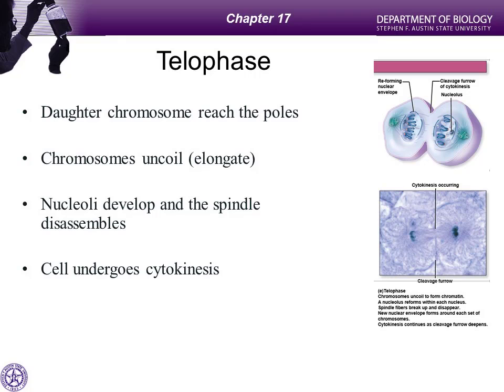The chromosomes begin to relax, they uncoil. We're going to see our nuclear membrane begin to reform. The nucleolus begins to develop. The spindle fibers, we're going back to normal. Everything gets thrown in reverse from a cell standpoint because the cell is getting ready to split off from each other in the process called cytokinesis.